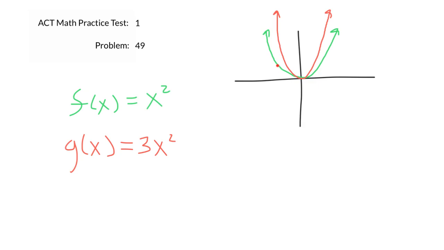So what do I mean by that? Well, you can imagine there's an xy coordinate to this point here. Let's just focus on this point here. Well, when you multiply x squared by 3, it takes the height that it used to be, the y coordinate that this point used to be, and multiplies that y coordinate by 3. So now the height of that point is 3 times what it used to be.